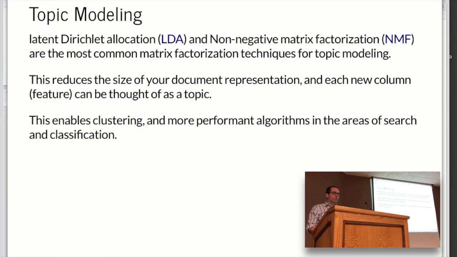The preferred way of doing that with document vectors and matrices is either LDA or NMF, which I'm listing up here. Part of the reasoning is that you can actually go backwards and trace those values. PCA, without going into too much of the math right now, is a very complex rotation of the matrix.